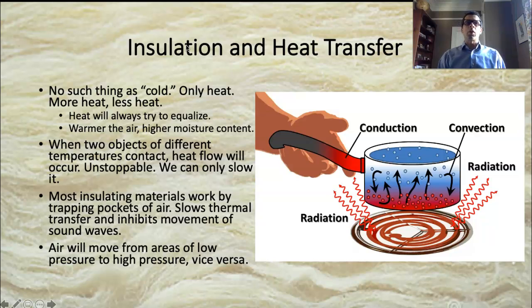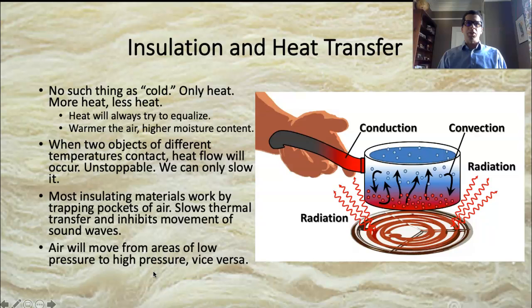One of the huge benefits of exterior insulation is making it so much more quiet in the house. And then the last thing I want to touch on is that air, as well as heat, is going to move from areas of low pressure to high pressure, and vice versa.